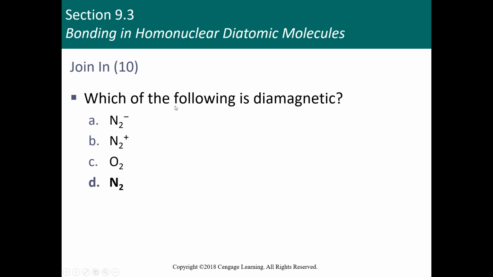That is true for all of the homonuclear diatomics. Whenever you have added or subtracted a single electron, you don't have an even number of electrons, so they cannot be diamagnetic, no matter what you had before.